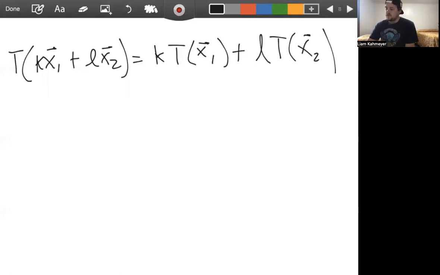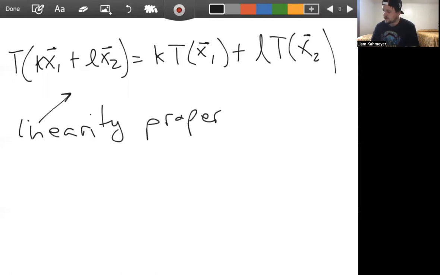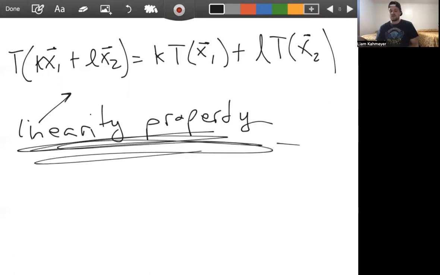Okay, so this is called the linearity property. If a transformation satisfies this property, then it is called a linear transformation.